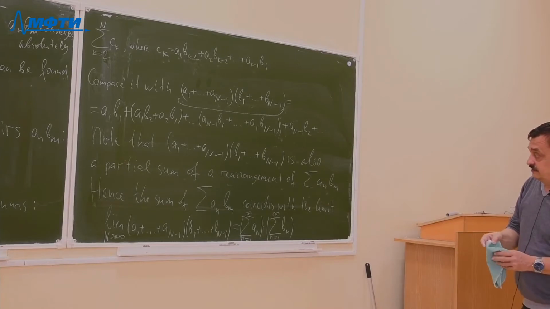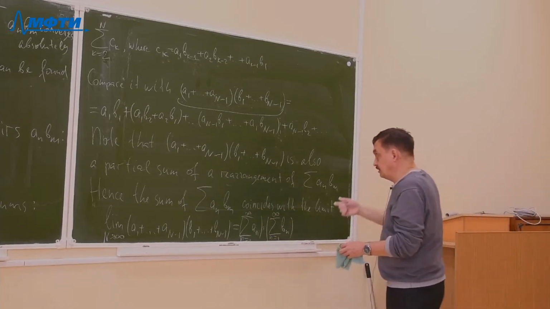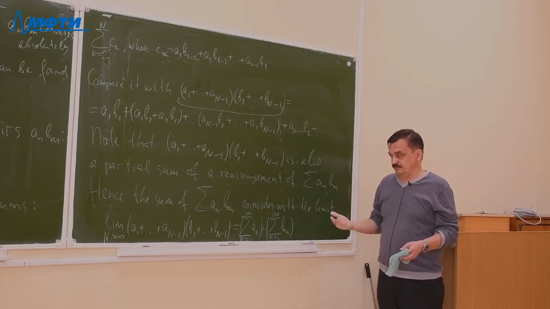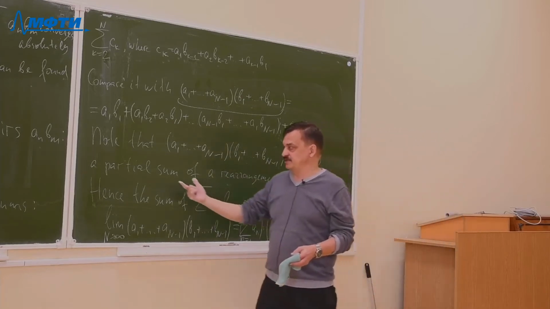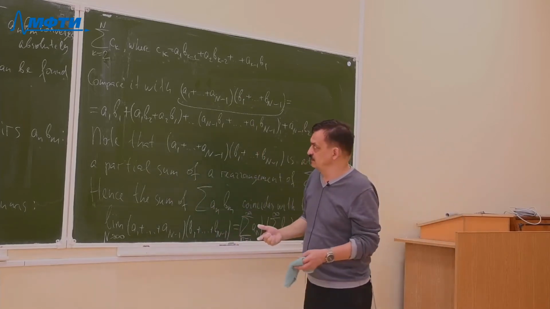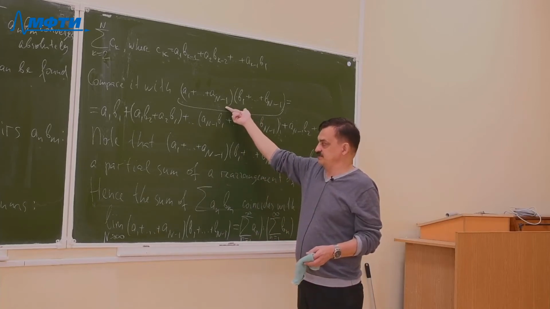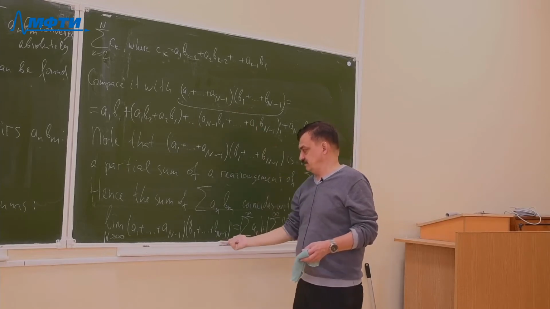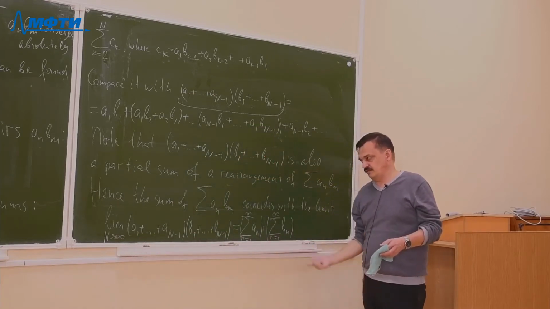After that, what happens? We know that an arbitrary rearrangement has a limit. So an arbitrary subsequence of partial sums has the same limit. And this is a subsequence of partial sums, and that subsequence has the same limit. In fact, this limit is precisely the product of the sums of our series.